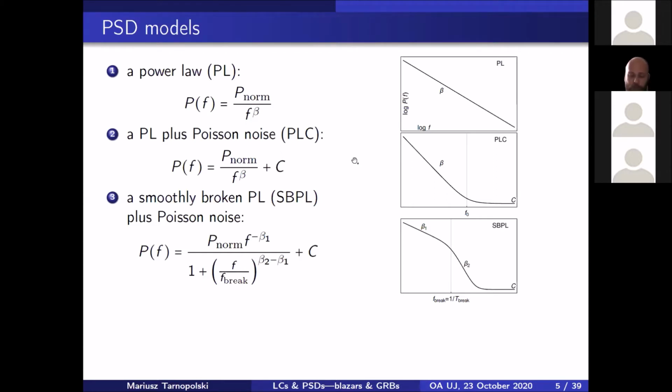So there are two components in the PSD, and above f0 the white noise dominates over the power law component. And we can also have a PSD consisting of two power laws with a smooth transition from the low frequency index beta 1 to the high frequency index beta 2 occurring at some break frequency.